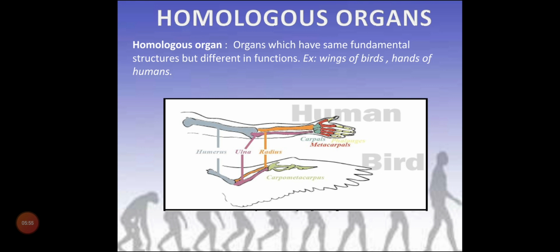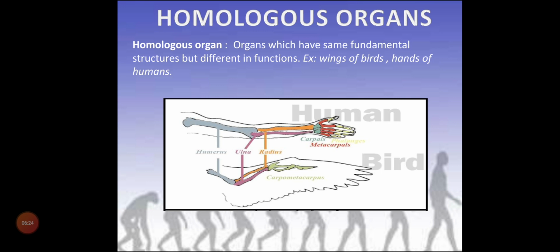So these are the modifications that 5-digited limbs have undergone: reduction in the number of digits, fusion of certain bones. Some bones have been lost or evolved or changed or merged. Fusion of certain bones, and the external form. Look at the hand and look at the bird wings. So these are the external appearances.